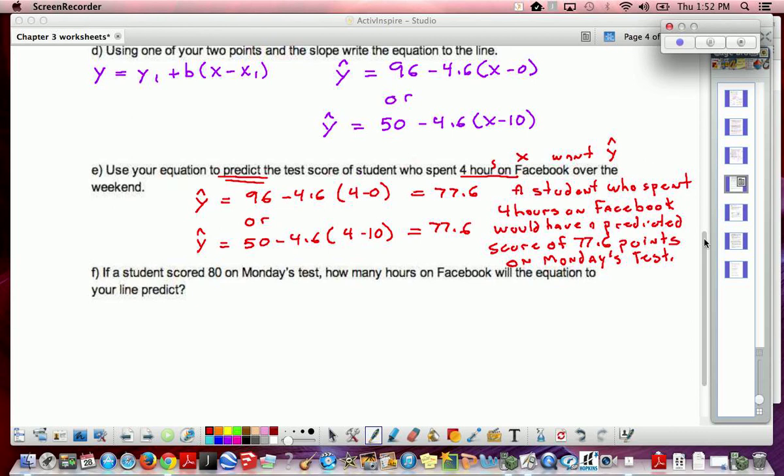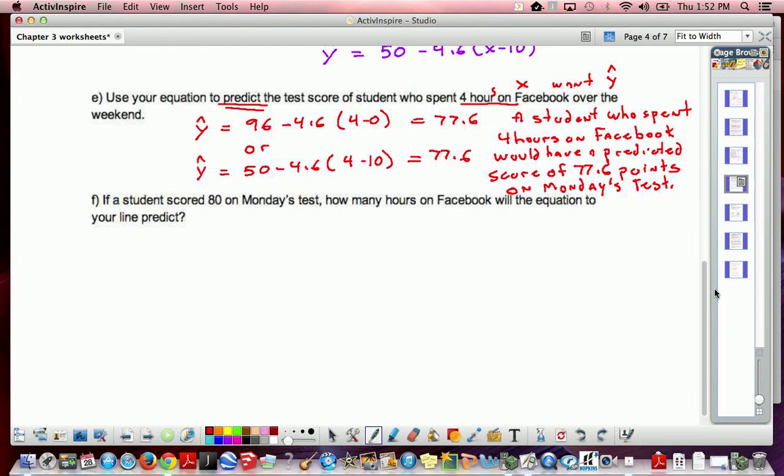Okay, so the last problem here says if a student scored an 80 on Monday's test, how many hours on Facebook will the equation to your line predict? So we want to figure out, let me switch colors here, sorry. We want x and we're given basically the predicted y as 80.